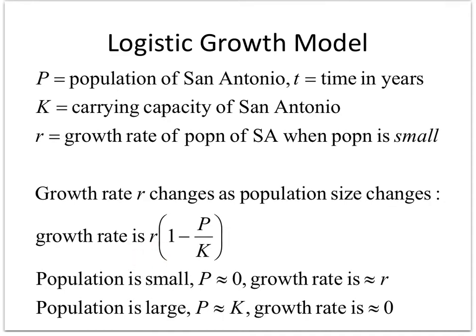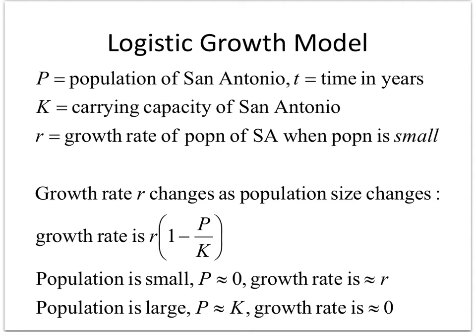But if the population is large, meaning that I'm getting very, very close to my carrying capacity, then if these are approximately equal, this would equal 1. 1 minus 1 is 0. 0 times the growth rate. So as we can see, as this gets closer and closer to my carrying capacity, this value, my rate, is getting closer and closer to 0. I mean, it never hits 0.